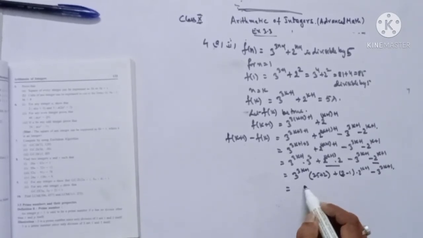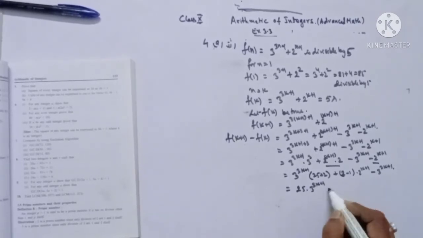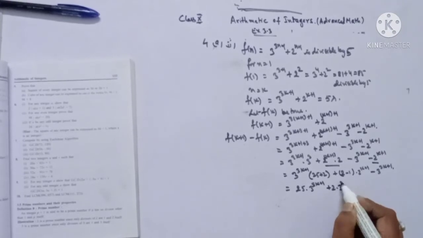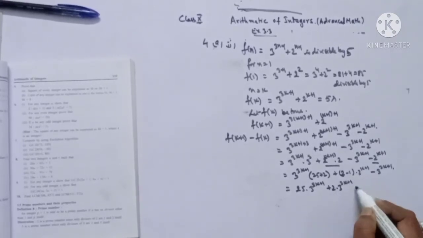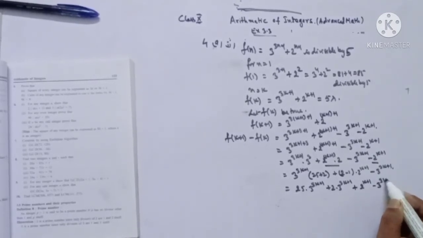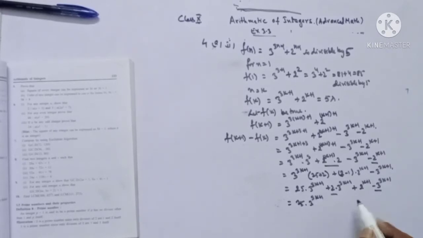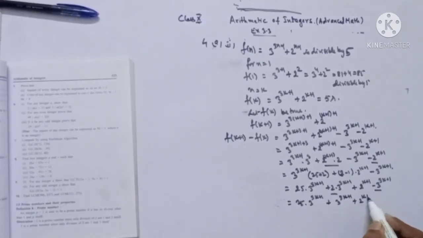So here it will be 25 into 3 to the power of 3k plus 1 plus 2 into 3 to the power of 3k plus 1, and this will be 1 into 2 to the power of k plus 1 minus 3 to the power of 3k plus 1. Now this and this will cancel, so 25 into 3 to the power of 3k plus 1, plus 3 to the power of 3k plus 1 plus 2 to the power of k plus 1.